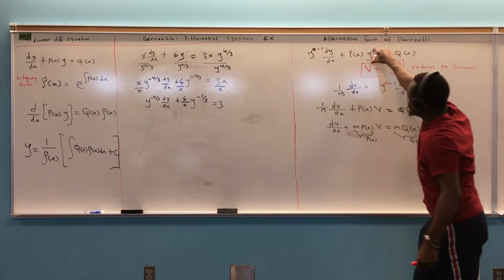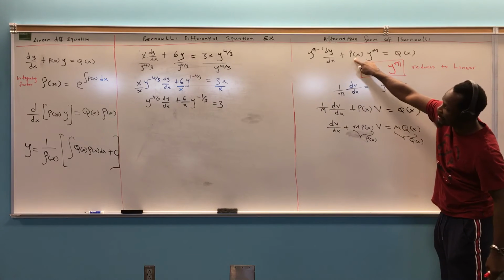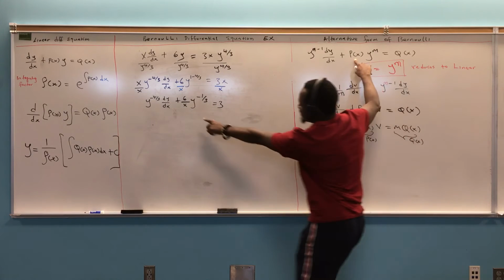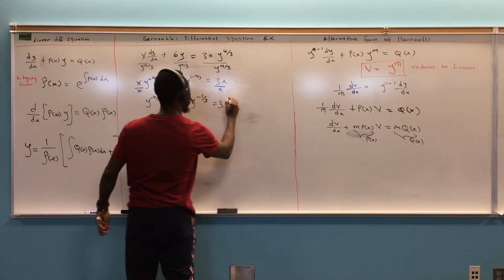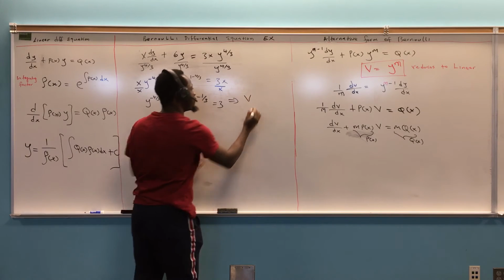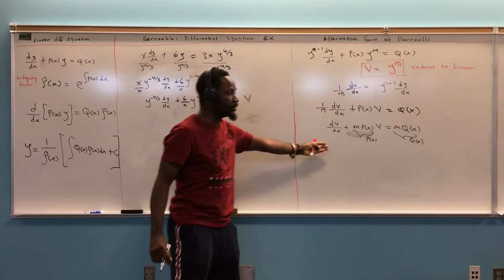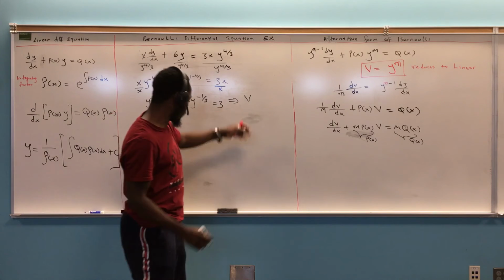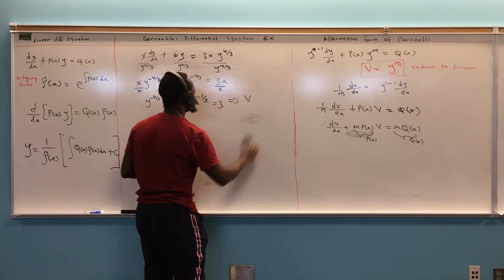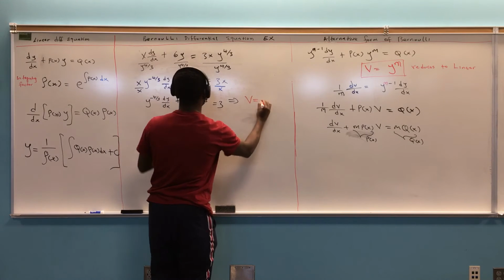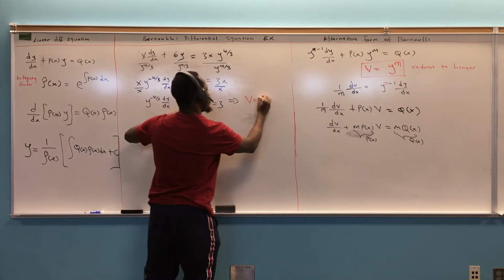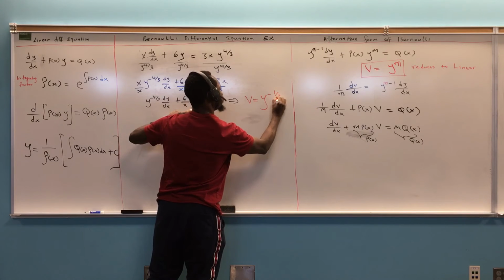Y to the m is what is multiplying my p of x. My p of x is 6 over x, right? It implies that to reduce it to linear, I have to use the substitution v is equal to y to the minus 1 over 3.